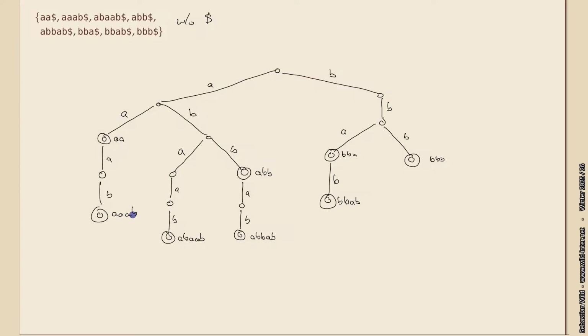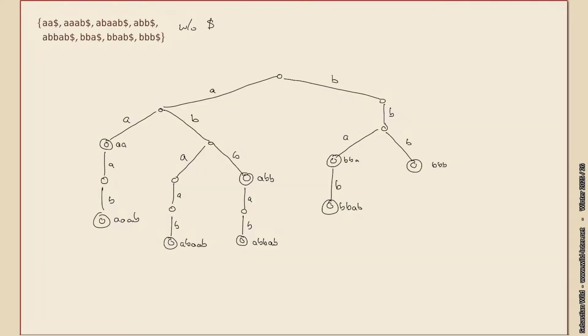Okay, for the sake of the example, what you should take from this picture is this looks a lot like an automaton already. I can start at the root here. These edges are all directed downwards. Some of the states are accepting, namely those that correspond to strings in the set of patterns.